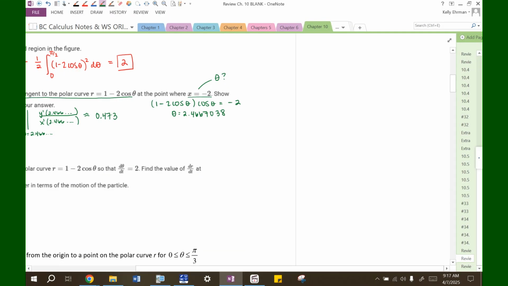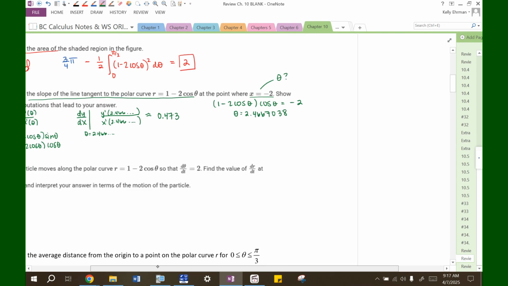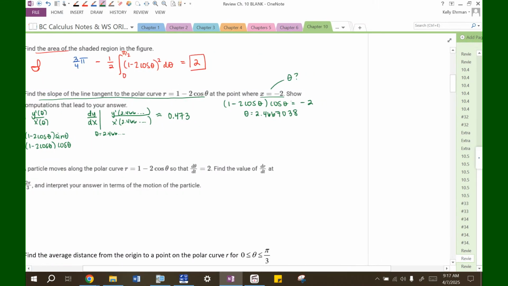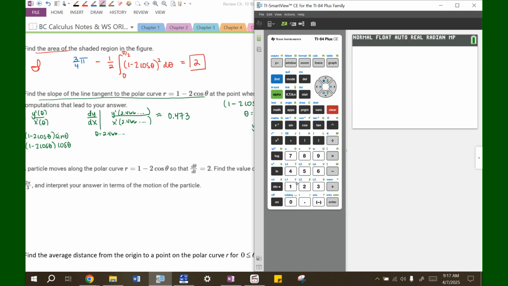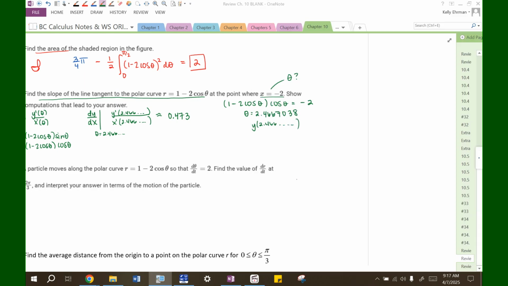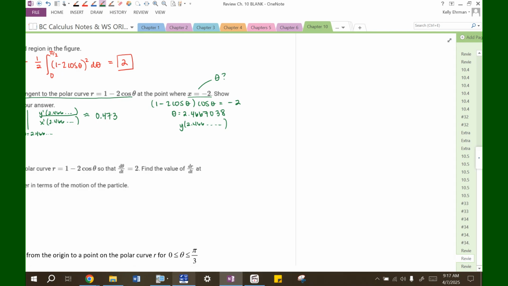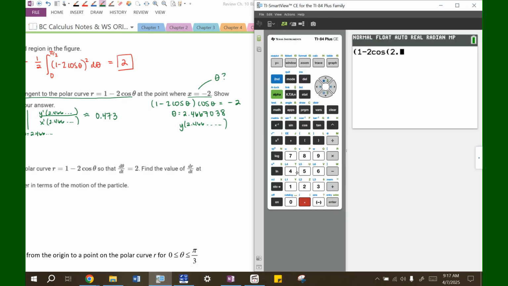We have the x coordinate. It's -2. We don't have the y coordinate. So what is y of 2.466...? So 1 minus 2 cosine of, I'm getting sick of typing this in. I probably could have stored it somewhere, but whatever. Times the sine, because we're doing the y value.